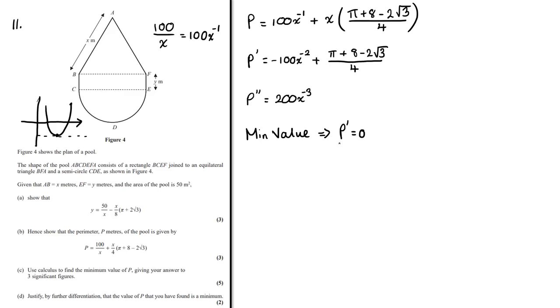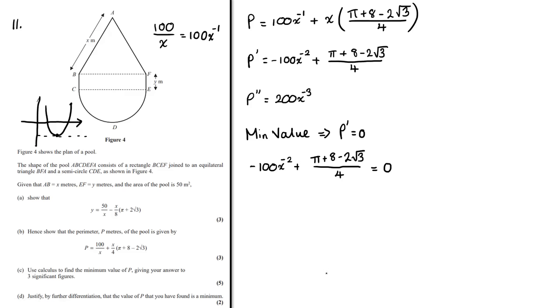Okay, so we set the first derivative equal to 0. And what we need to do then is take the first derivative, set it equal to 0, and solve for x. So what we've got is minus 100x to the minus 2 plus pi plus a minus 2 root 3 all over 4 is equal to 0.